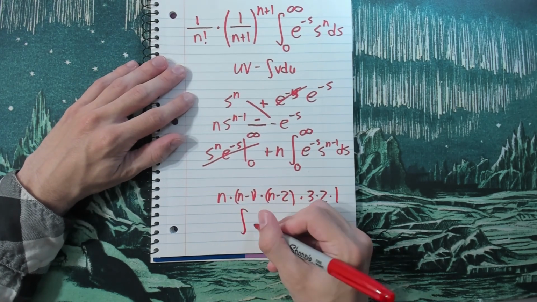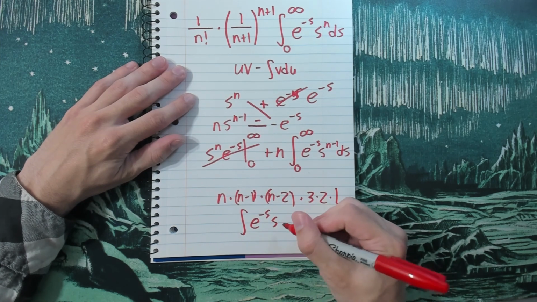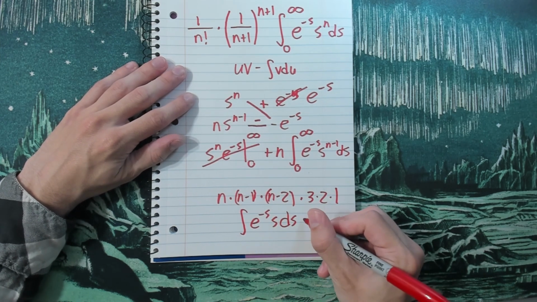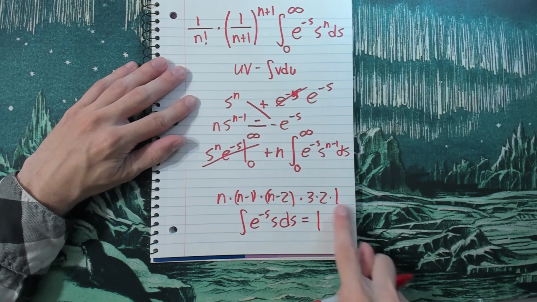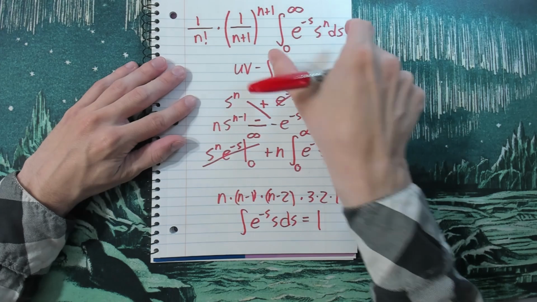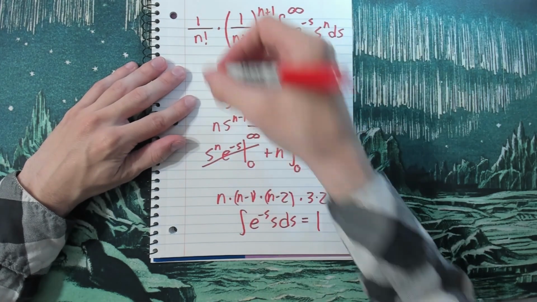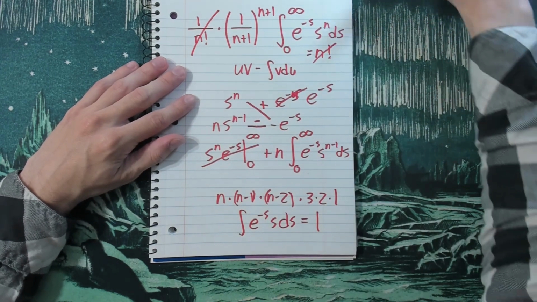So if I look at this integral here, where it's just s instead of s to the power of n, you can evaluate this with integration by parts and it just comes out to 1. So this thing here would be the one at the end. So this thing is in fact just equal to n factorial, which is going to cancel out with that n factorial, leaving us with just this part.